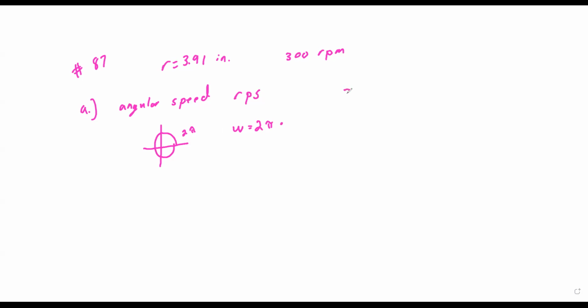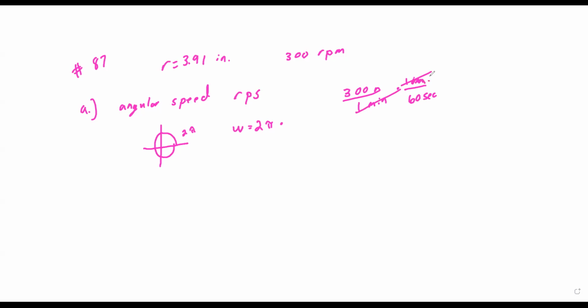So you have to take your 300 rotations per minute, and there are 60 seconds in 1 minute. To write this out a little better so you can see it, we'll do rotations per 1 minute. To get rid of the minute, there are 60 seconds in 1 minute, so the minutes would cancel.